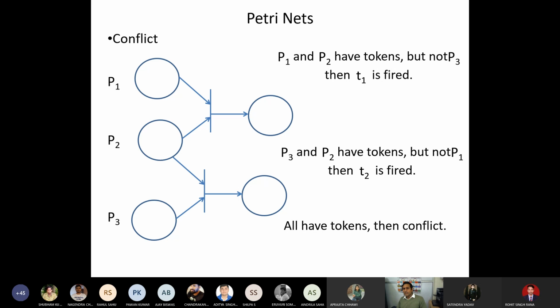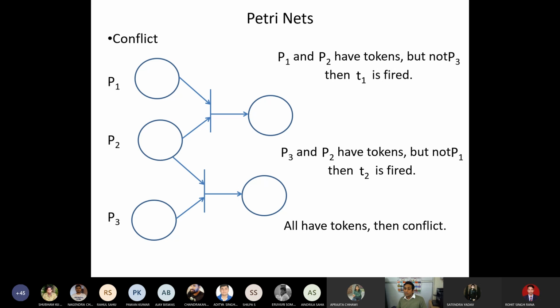In order to fire the T1 transition, what do we need? We need tokens at P1 and P2. If we have tokens at P1 and P2, then only you can fire T1. If we have tokens at P2 and P3, but not at P1, then we can fire T2.